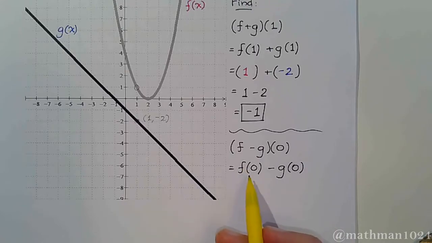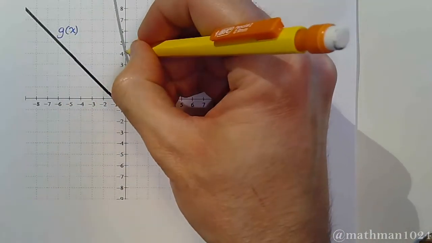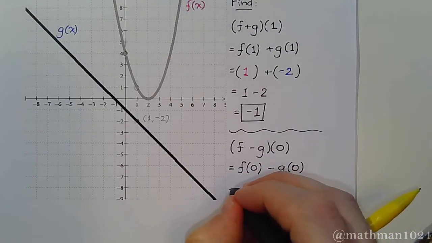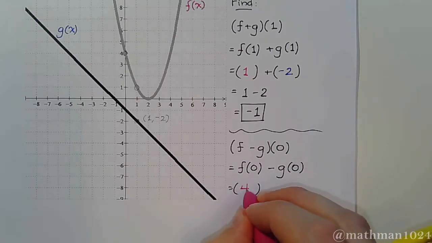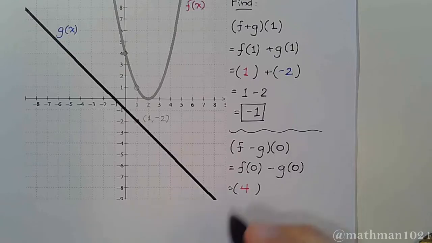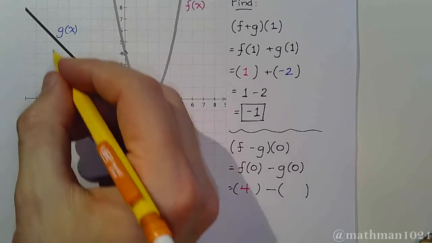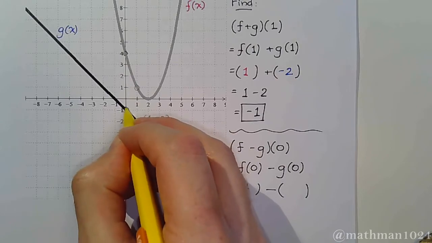For our function f, this parabola, when x is 0, you are up here at this point, which gives us an output value of 4. So f of 0 is 4. Minus, what's g of 0? Well, g is the line, and when x is 0, you have this ordered pair right here.